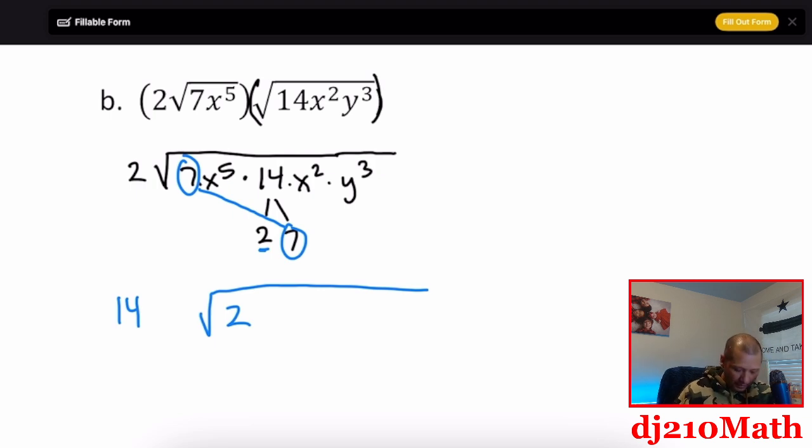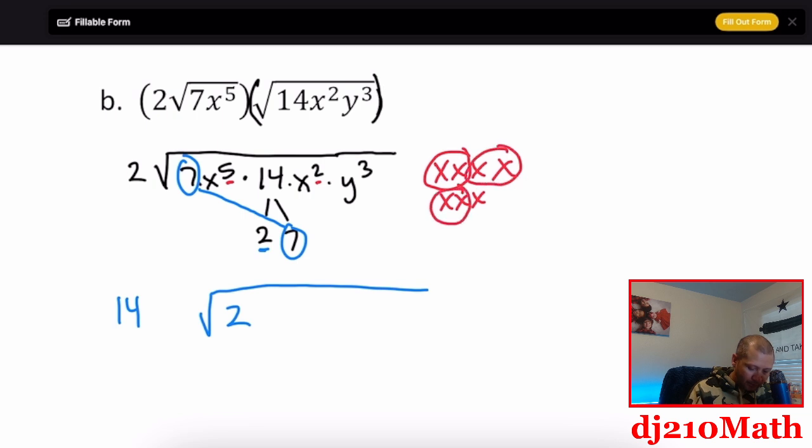Okay, the x's, we have 5 x's and 2 x's. So inside we have 7 x's. So all the doubles. So here's an X, here's an X, here's an X. So 3 X's are going to come out, and 1 X is left behind.